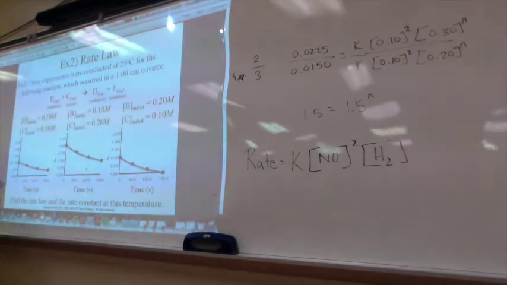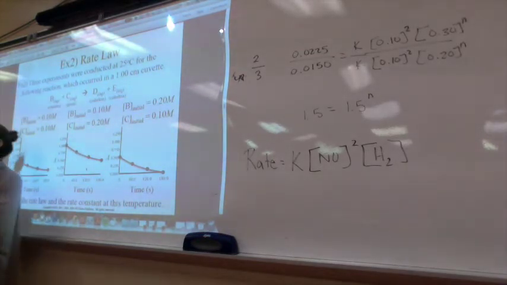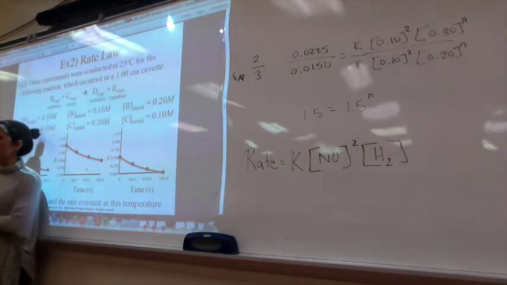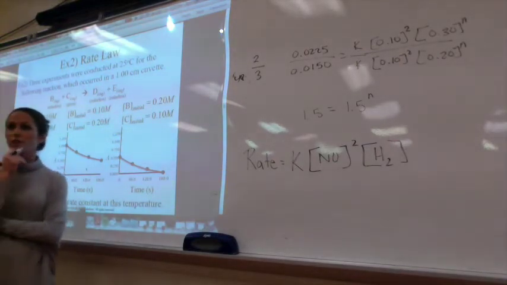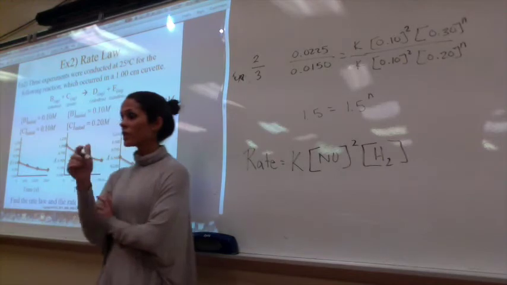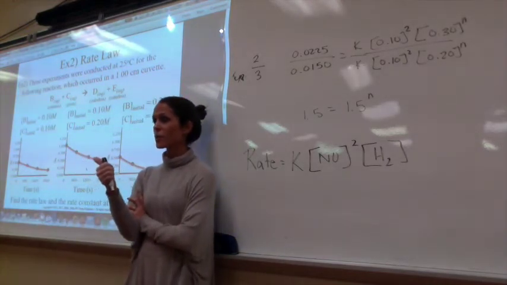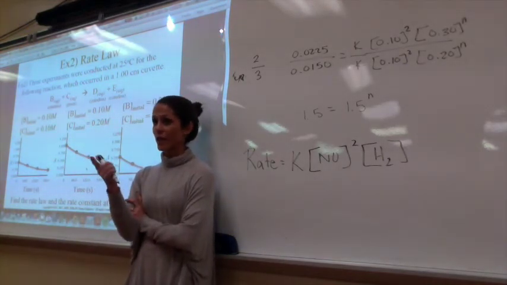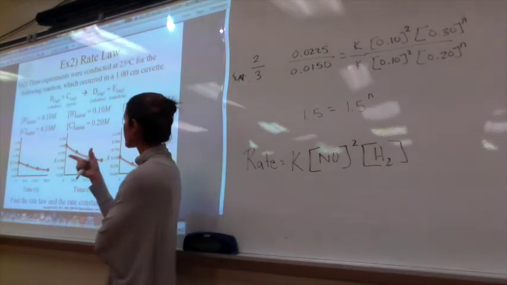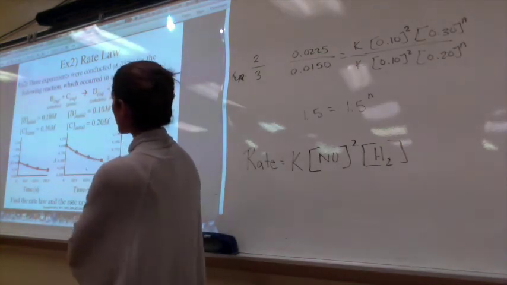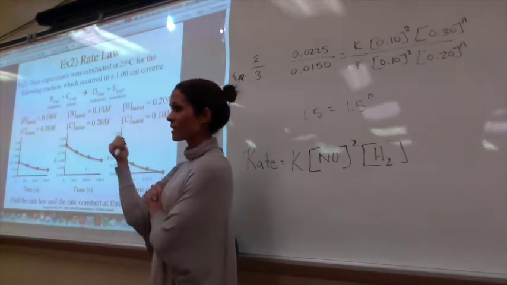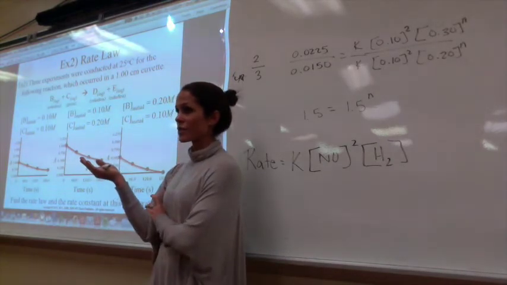So it says find the rate law and the rate constant at this temperature, the same thing as before. So really what we need to do is determine what you have, like from that last slide, what did you need to figure out the rate law? You need to know your concentrations and your what? And your rates to see what happened. So if this is the data that you're given, you know your concentrations, but you don't know your rates, do you?